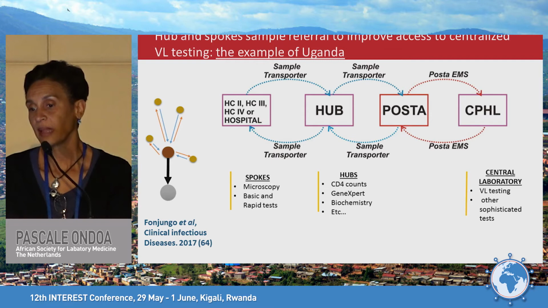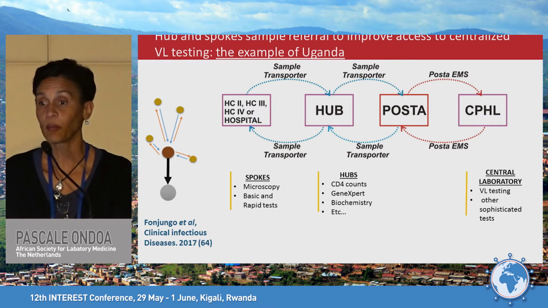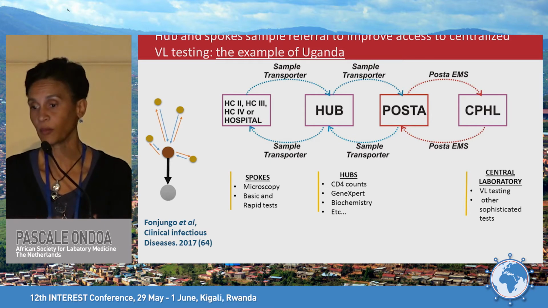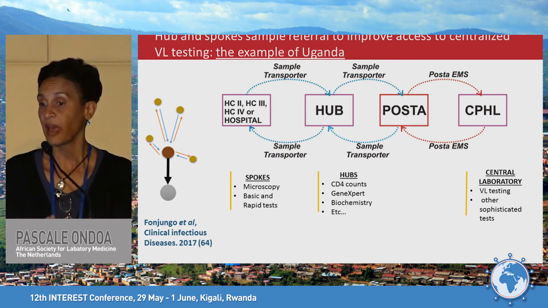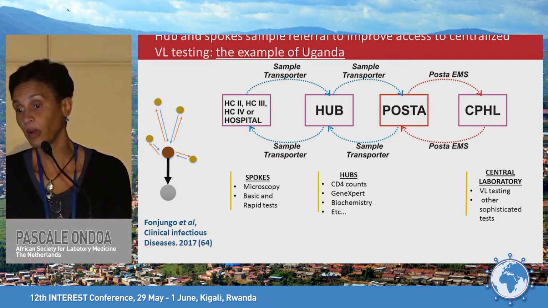So in Uganda, they decided to divide their laboratory network into spokes at the lower level, whereby samples are being collected to go to hubs, and hubs have a higher capacity for testing and more logistic in place. And finally, those hubs are in charge to bring all the samples to the central laboratory that is doing all this sophisticated testing, and also to bring back the results to the spokes.